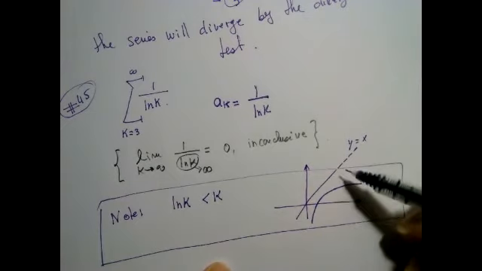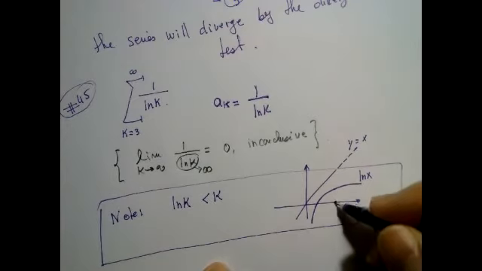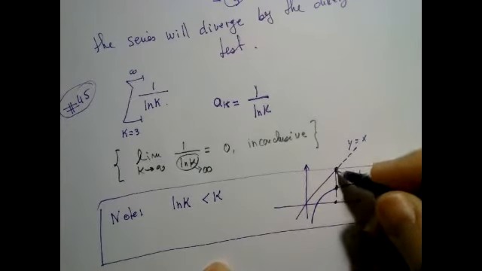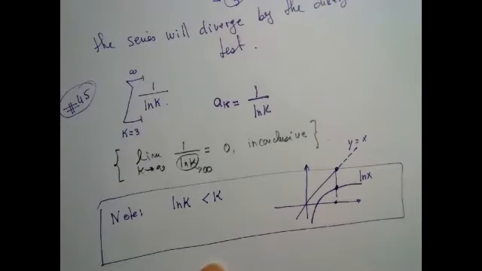So no matter what x is, the ln of x is always less than x. That's a fact that we should know, and that's why I gave you this problem. So ln of k is always less than k. So ln of 100, as you remember we computed those numbers, is actually way smaller than 100.